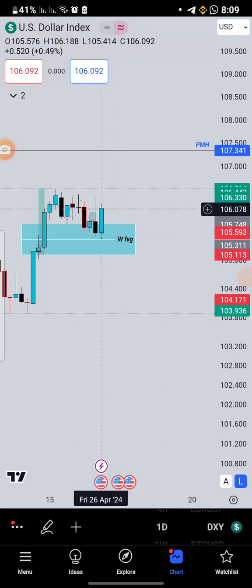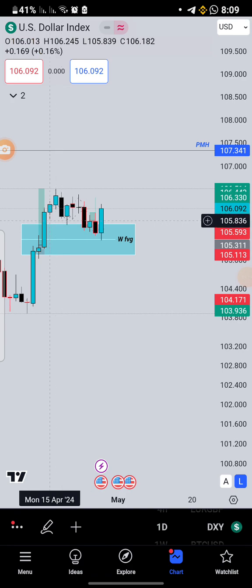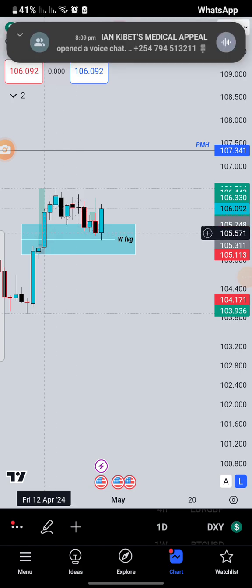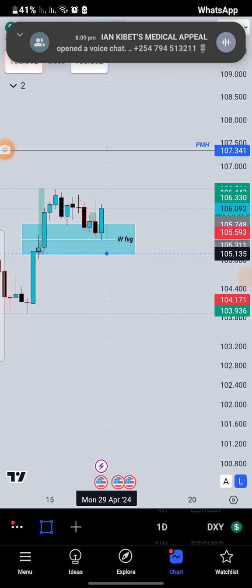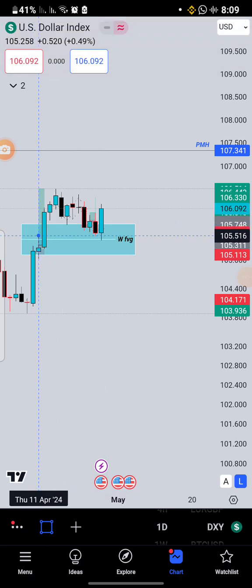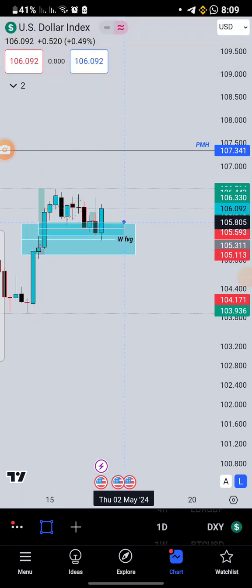Then we had this push higher, also inside this fair value gap, and what we can observe is these candles respecting this daily fair value gap by closing inside that daily range. If I draw this from that high to the low, this is the daily.